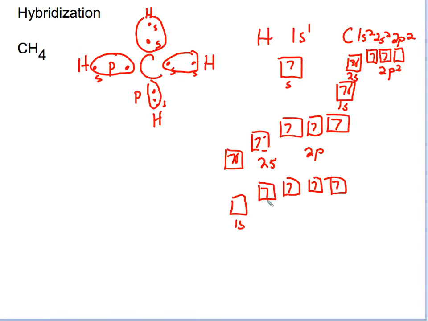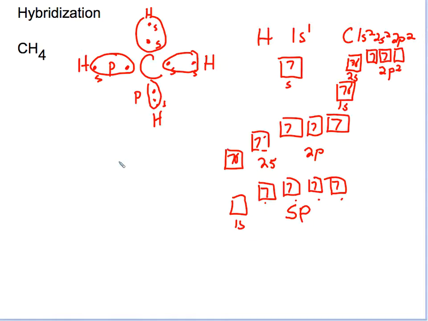Now, to name them, you really can't call these s orbitals because one of the electrons was from a p, and you really can't call these p orbitals because 1 electron from the s was promoted there. So we have 4 orbitals of equal energy. What they name them is hybrid orbitals, kind of a blend of the two. And instead of calling them s orbitals or p orbitals, they call them sp orbitals.